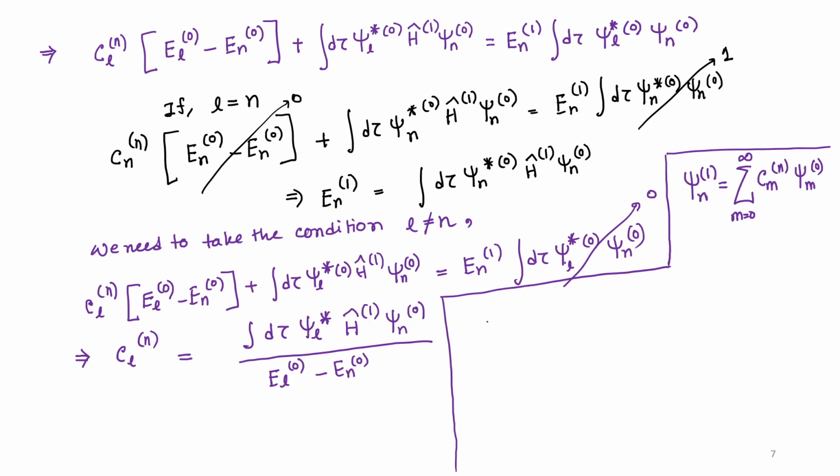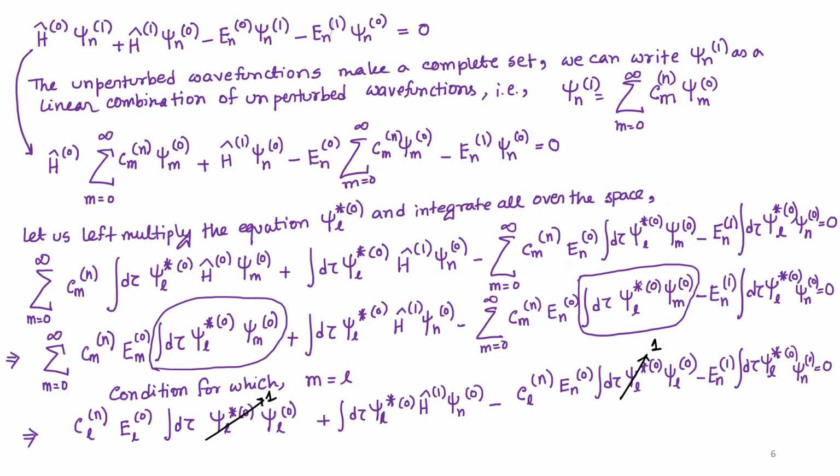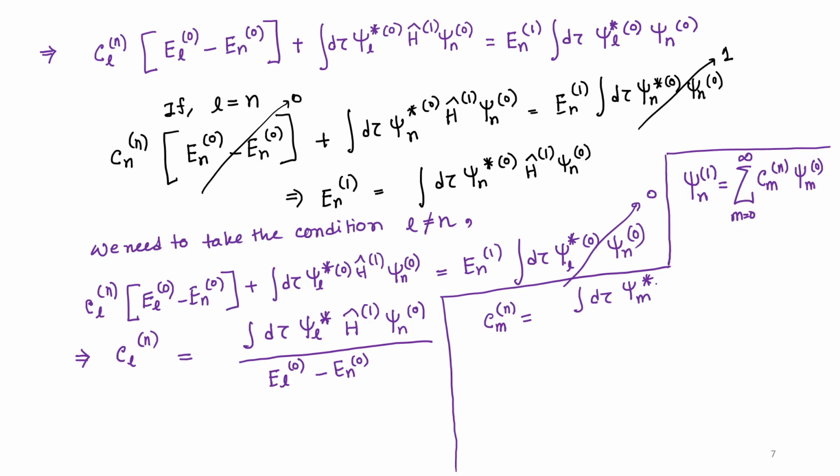So what is this? This Cm n can be written like d tau psi m star, right? Instead of L, because I have taken a condition where m equals L, so I can write m instead of L, right?